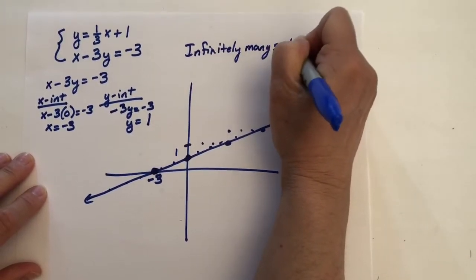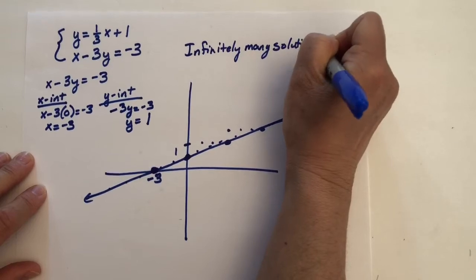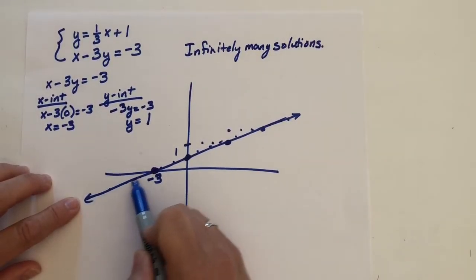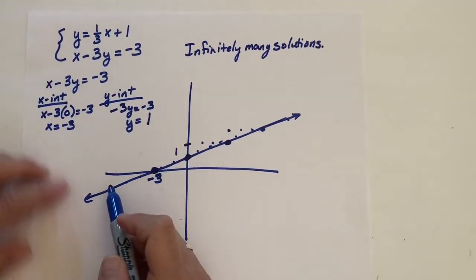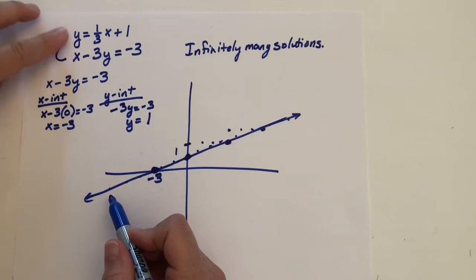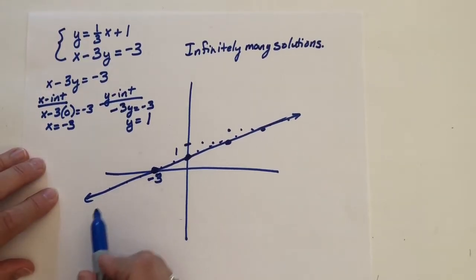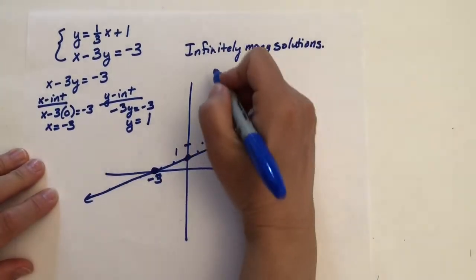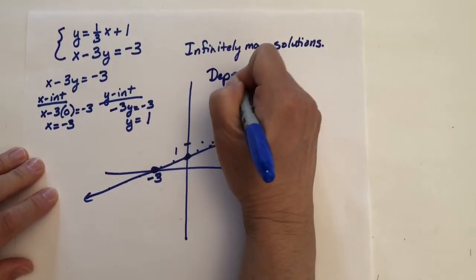There are other ways of answering this question, and they are related to the fact that all of these points on this line are the solution to this one. And by the way, since there are an infinite number of solutions, and these are actually the same line, we say that this is a dependent system.